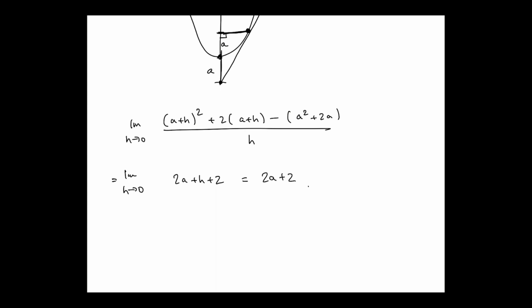Okay. Now, this is at the point a, where the x coordinate is a. Did I really have to use a separate letter for the x coordinate? Let me just let it be x. So f prime of a is 2a plus 2, or we could say it this way, that f prime of x is 2x plus 2.